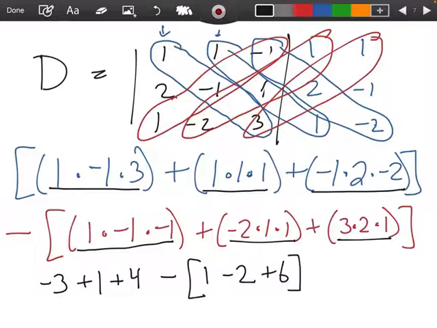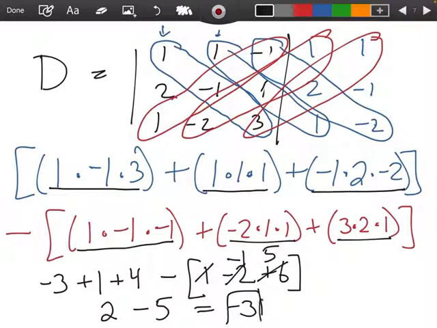So -3 plus 1 is -2, plus 4 is 2, okay? 1 minus 2 is -1, -1 plus 6 gives me a 5. So I have 2 minus 5, that leaves me with -3, okay? So there's my determinant D. Came up with an answer of -3.